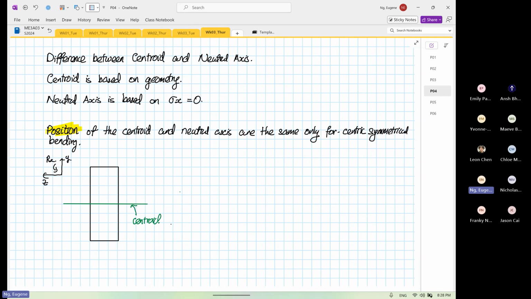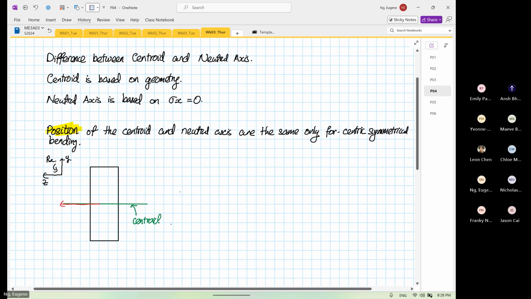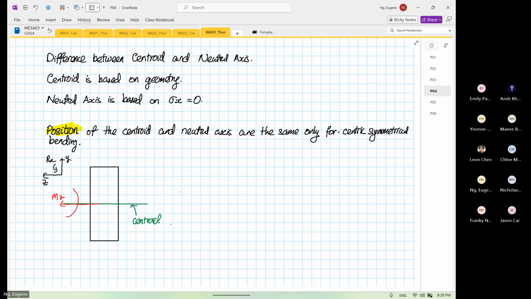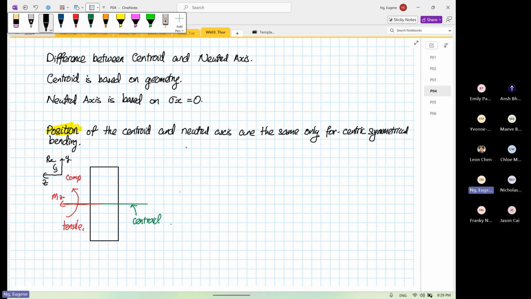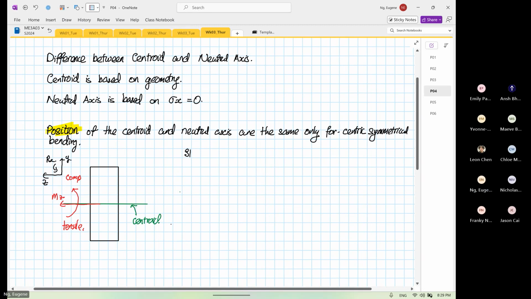Okay, so from here, we have a moment vector. So we have compression, and you have what? Tension. So now we are going to sketch the normal stress distribution.